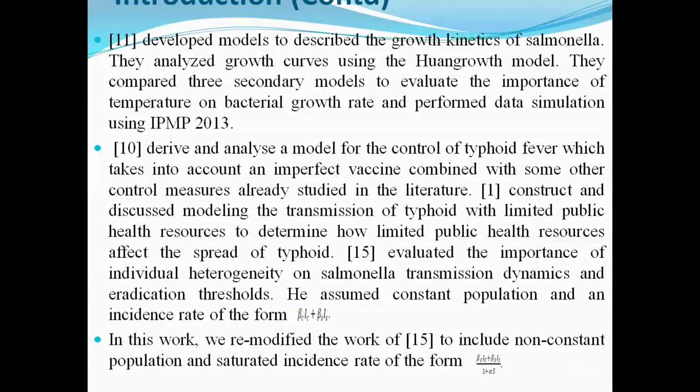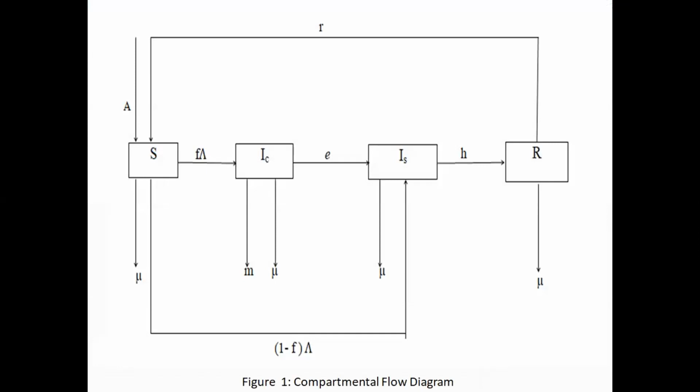The saturation term in the model is the one that gives us information about a particular disease, because we believe that when we have information about a particular disease, then it can do us less or no harm. So this is the model. S is the susceptible population. I-C is the clinically infected population, those that are infected and show clinical symptoms of Salmonella.